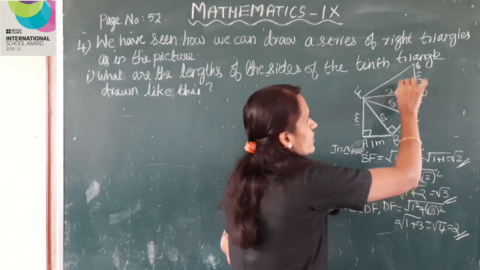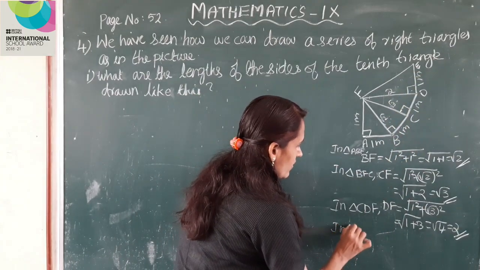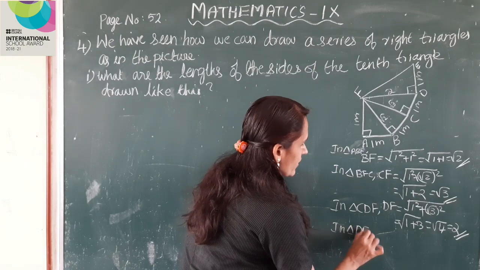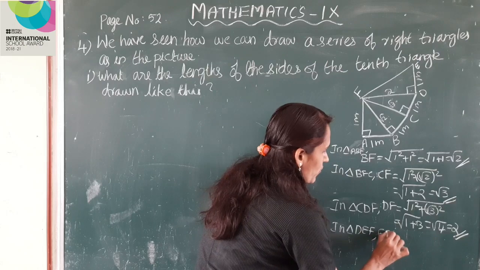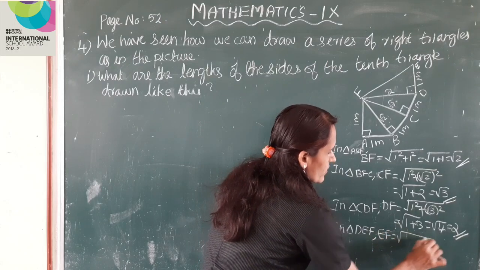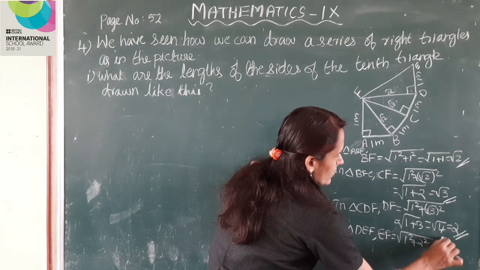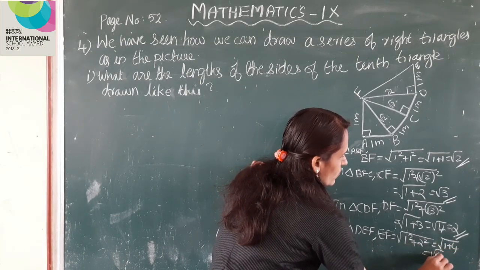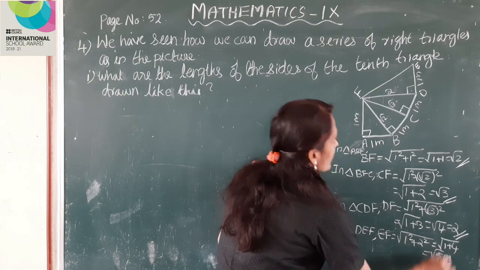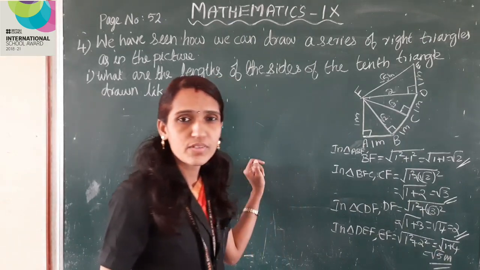So DF is 2. Next, in triangle DEF, EF is the hypotenuse. Using Pythagoras theorem, base square plus altitude square, this is equal to 1 plus 4, this is equal to root 5 meter.